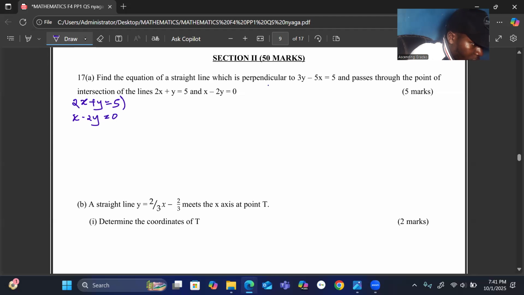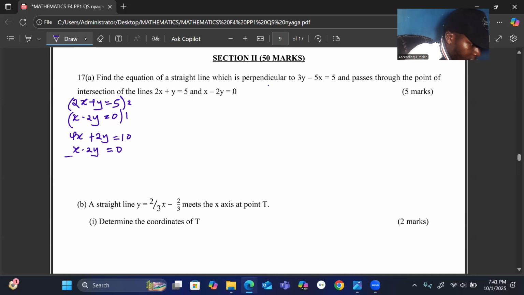So we form the two simultaneous equations and we solve by elimination method. We can eliminate y by multiplying by 2, so that we have 4x plus 2y is equal to 10, and x minus 2y equals 0.